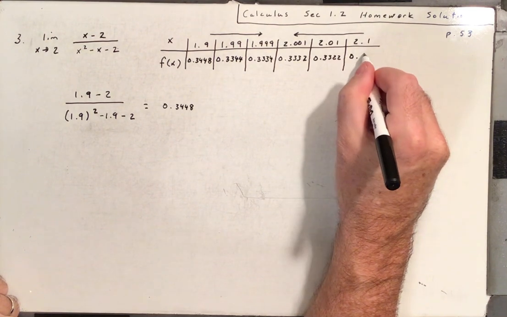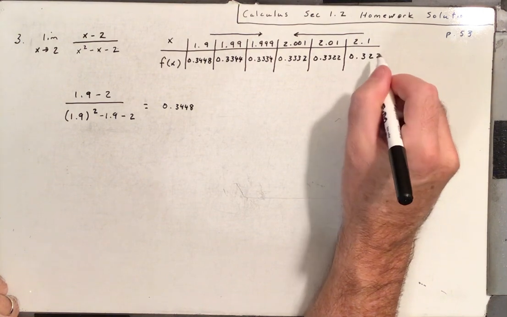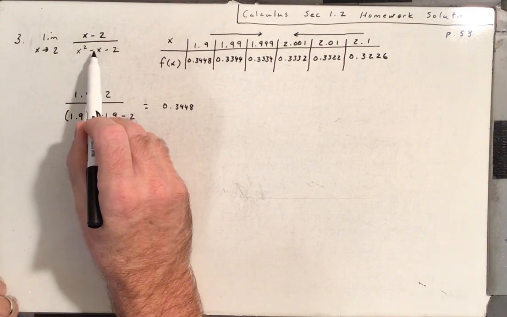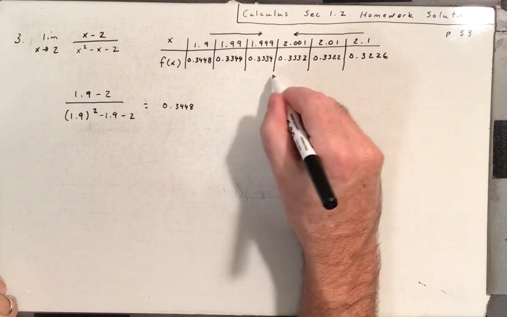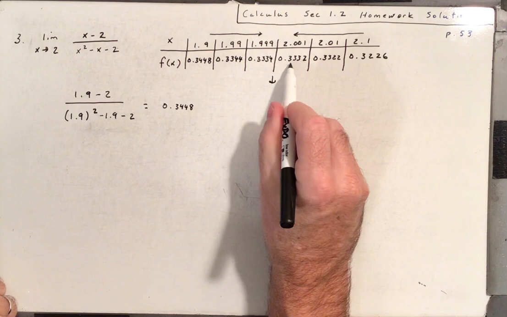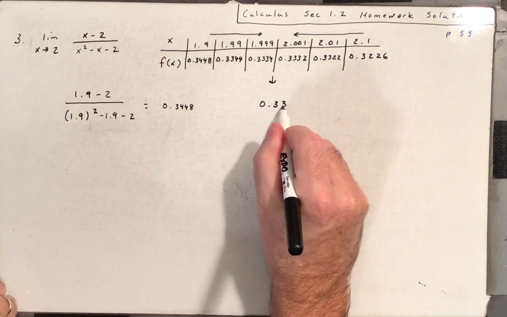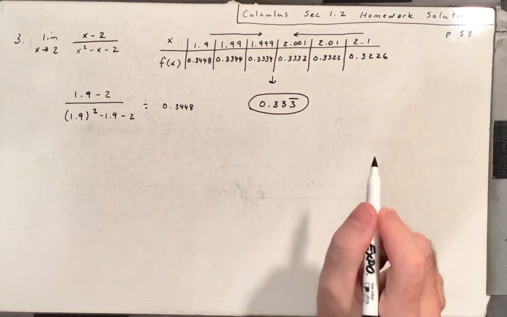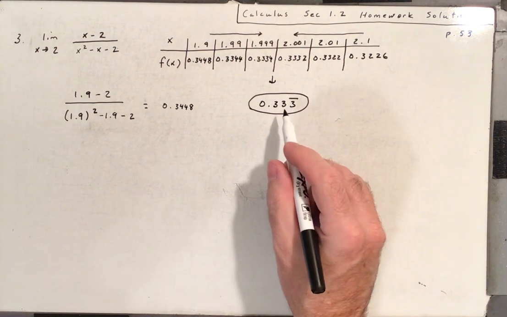So the limit is, what is the y value that this function is approaching as x is approaching 2? If we just look at this, it's somewhere between 0.3334 and 0.3332. So I would say 0.333 repeating is what the limit is. So that's an estimate of the limit using a table.